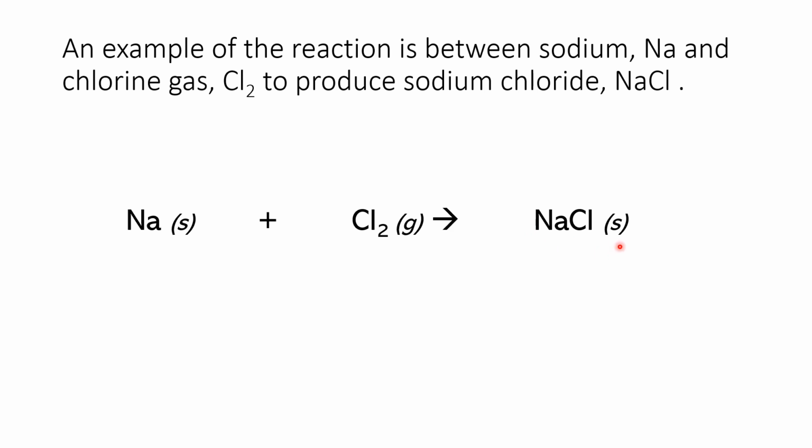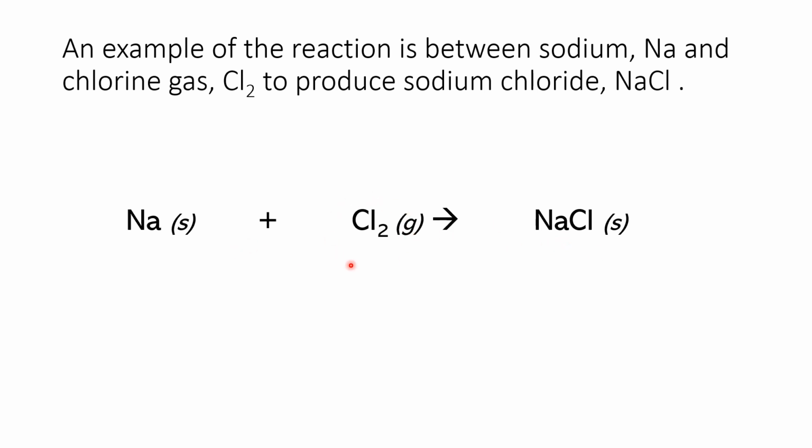So when we have the chemical equation here, firstly we must make sure that the chemical equation is balanced. Macam nak tahu balance, kita tengok sodium on the left side is equal to 1, ada satu saja. Sodium on the right side is 1, samalah.